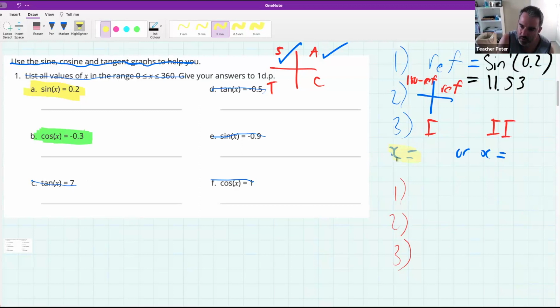So I want to know what are my two answers for the yellow one. I feel like quadrant 1 is a little bit too easy. It's just 11.53. What's quadrant 2 going to be?